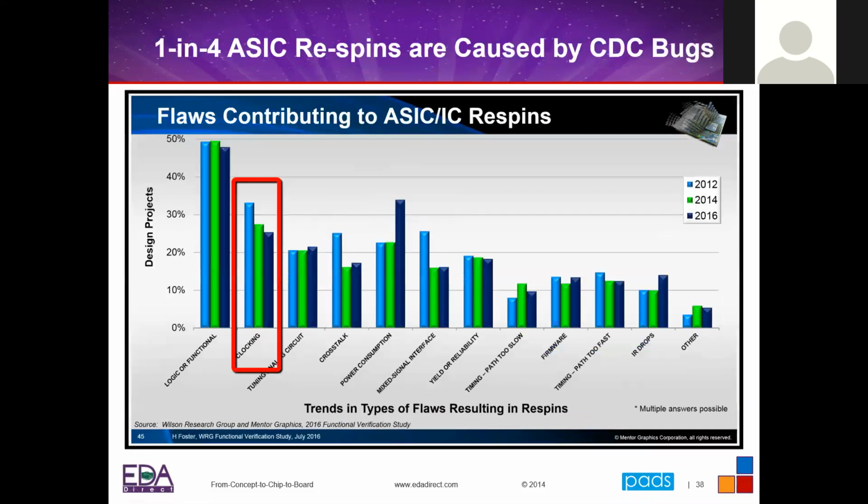So that's from the ASIC world. And then we also see that clocking is probably the second most common error, after functional verification or functional bugs. So things that are wrong in the code is the most common, but then clocking is the second most common problem.